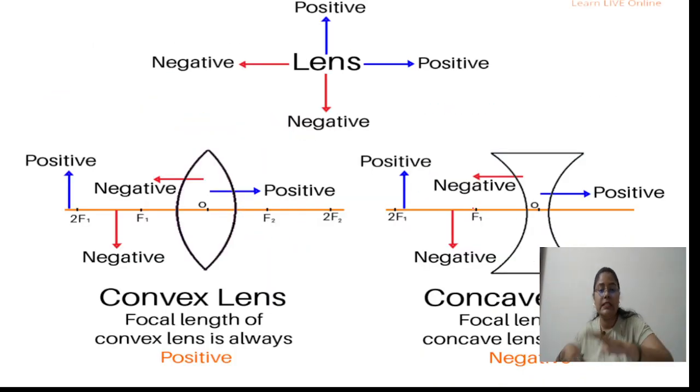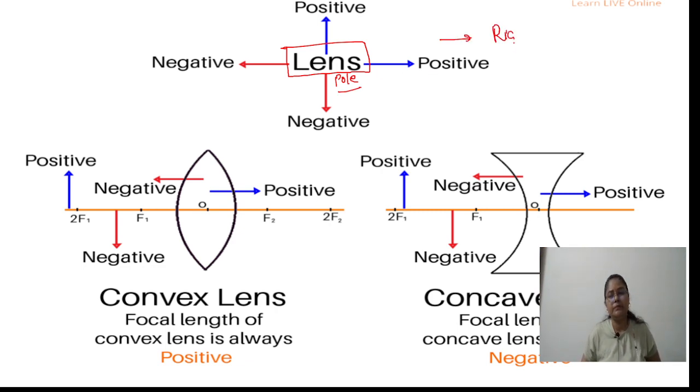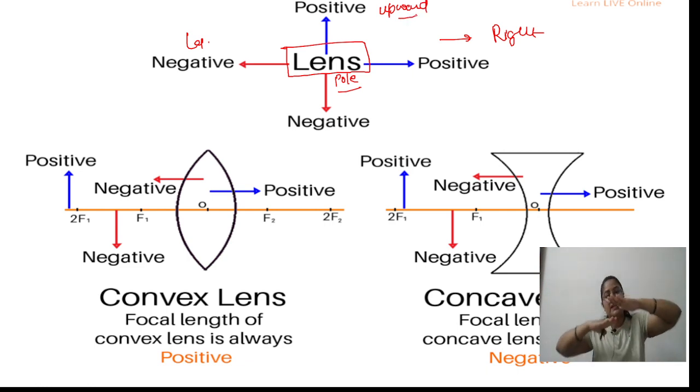So consider the lens here, with its pole on the principal axis. Toward the right-hand side is positive and toward the left-hand side is negative. Upward is positive: when the object is placed above the principal axis, take it as positive, and an image downward from the principal axis is negative.